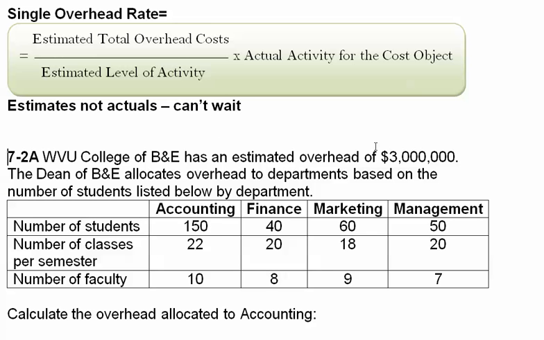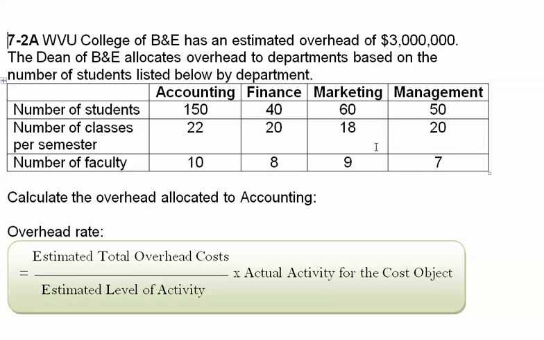What I'd like you to do is take a look at 7-2A. In this problem, WVU and the College of Business and Economics has an estimated overhead of $3 million. $3 million can consist of the dean's salary, and the dean benefits many departments.